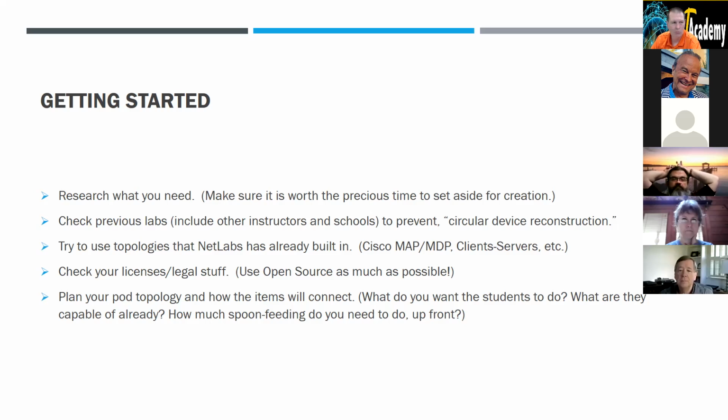The other part that you have to think about is that if you're making a lab and you're customizing a lab, what are you trying to get across and at what level? For example, Kelly was talking about the CCNP. I'm actually experimenting with my students in teaching the NRC side of the house this semester.